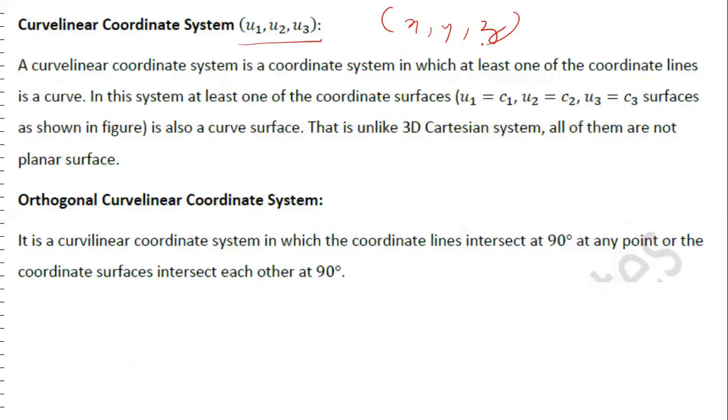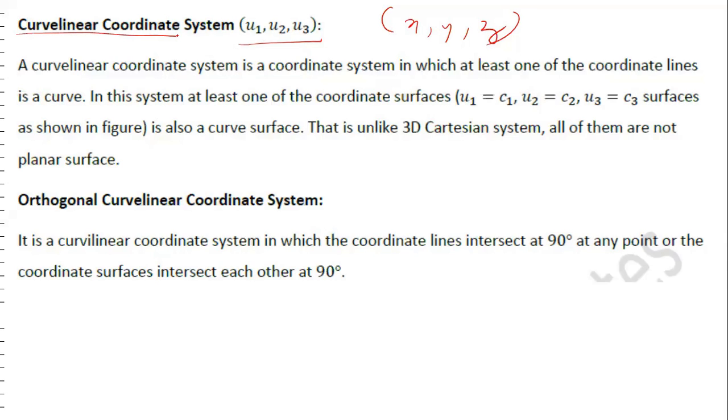And in this coordinate system, if at least one of the coordinate surfaces is no longer planar, if it is a curved surface, then such a coordinate system is called a curvilinear coordinate system.